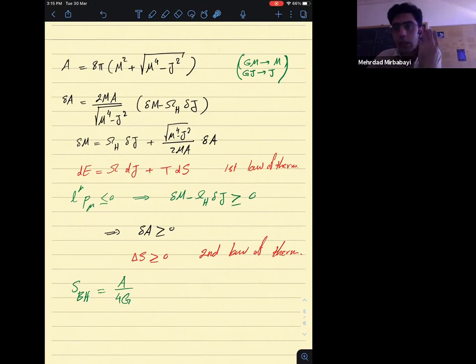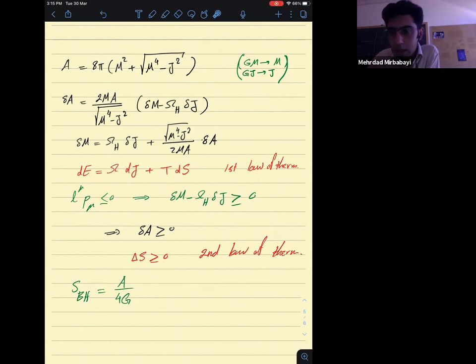So I associate some entropy to a black hole. Think of it as, I don't know, a box of some degrees of freedom that we don't fully understand what they are. And then when two black holes merge, it's like mixing those two. And what you just said is just a statement that the entropy of the resulting mixture is bigger than the sum of the original ones.